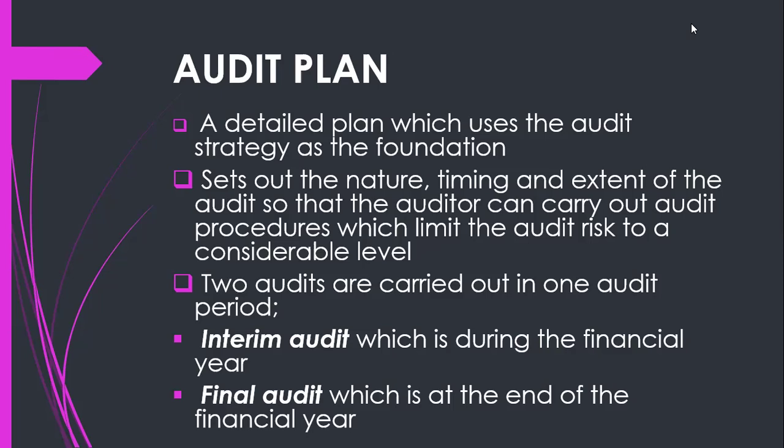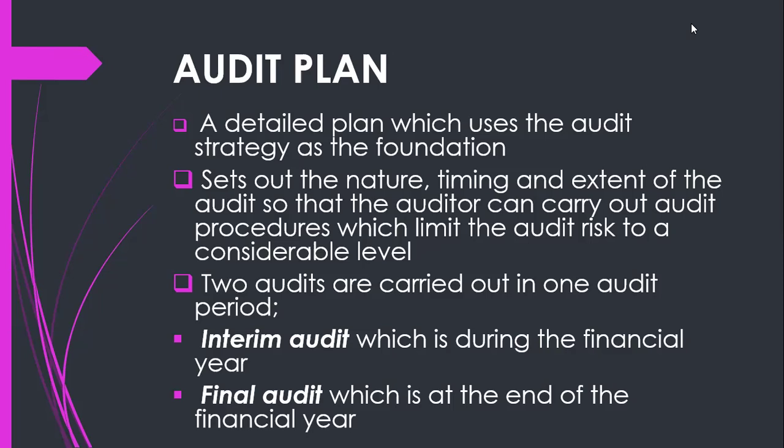Then the final audit is carried out at the end of the financial period. This is where we're wrapping up, we're concluding the audit evidence that we obtained in the interim audit. Then we also have the audit evidence from the final audit. We are concluding: what have we obtained, and given the information that we've obtained, what is our conclusion?